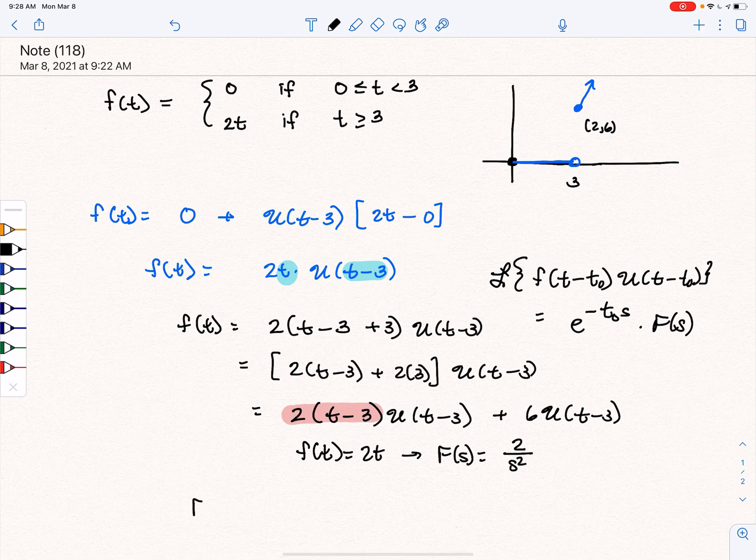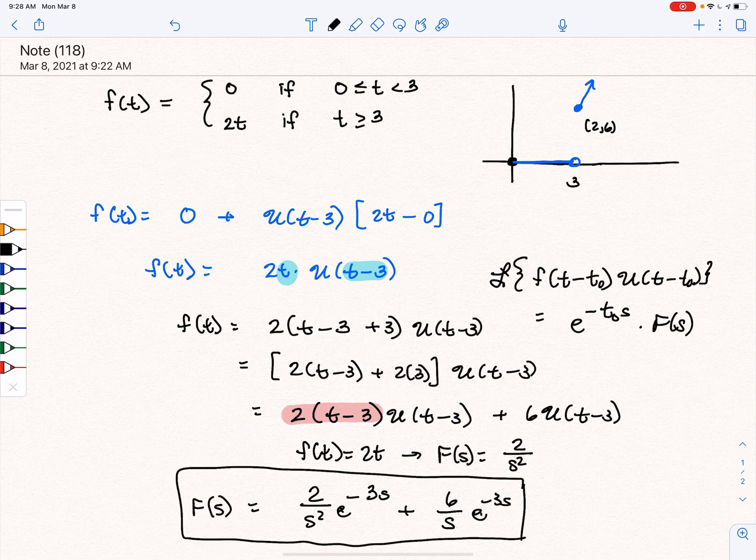So the Laplace transform of our original function of t is 2 over s squared times e to the negative 3s, plus the Laplace transform of the 6, which we know is just 6 over s, times e to the negative 3s as well. And there is the transform of our piecewise function.